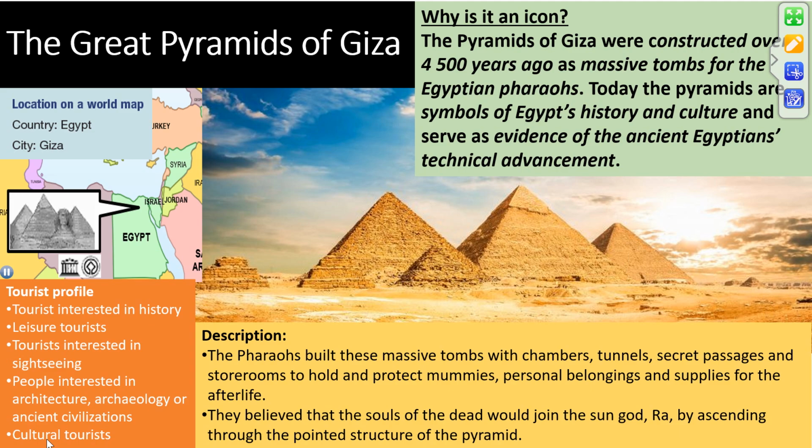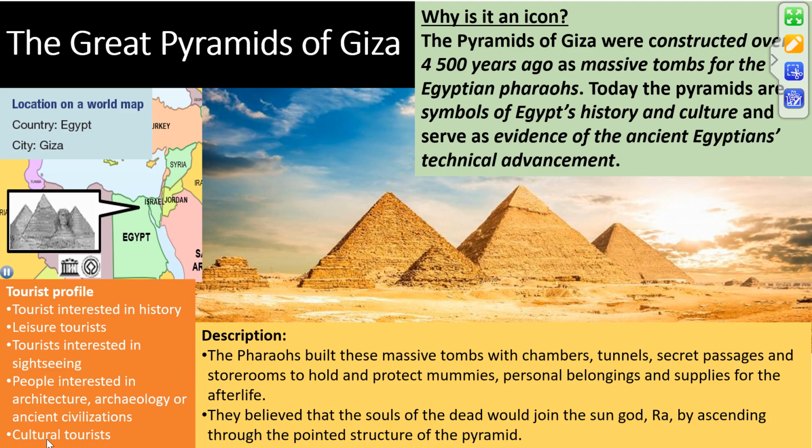And just to understand the technological advancement of the Egyptians of the day, I'd like you to take a look at the images in the middle of your screen, which is the three great pyramids.